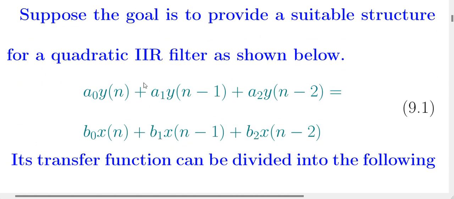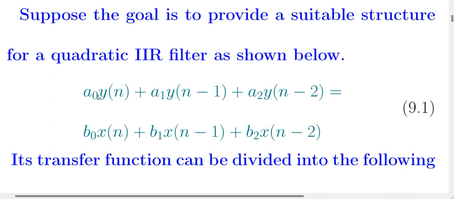Now, suppose the goal is to provide a suitable structure for a quadratic IIR filter as shown below. A0, of course, we have reported it earlier, it's better to be equal to 1.